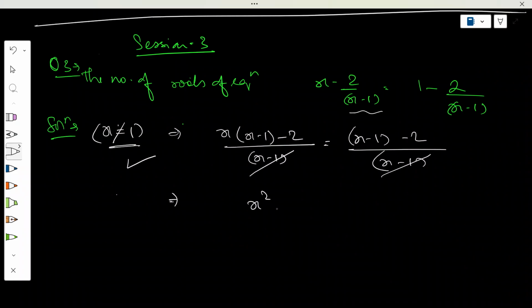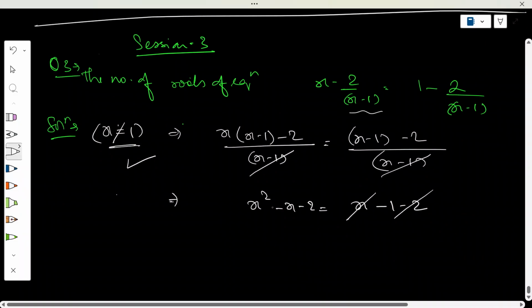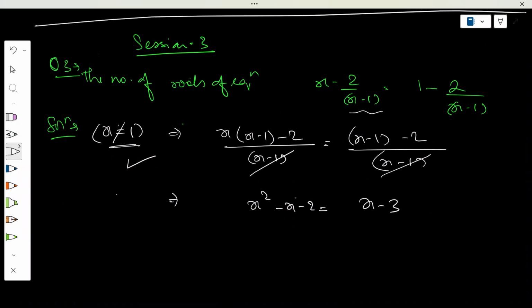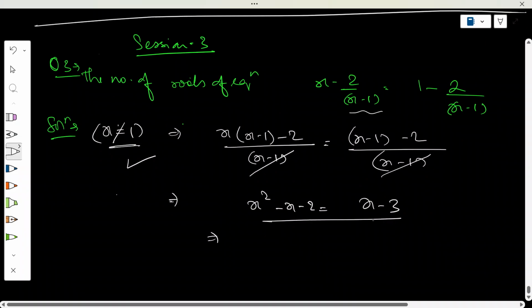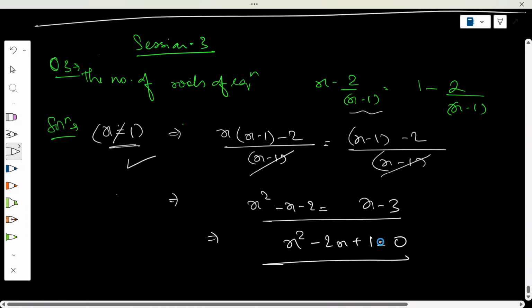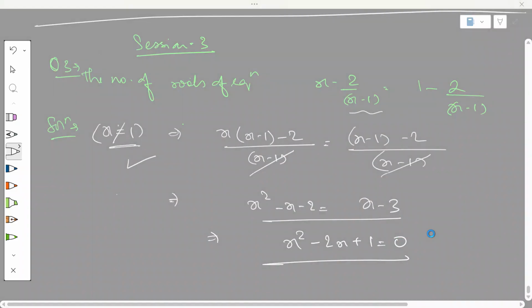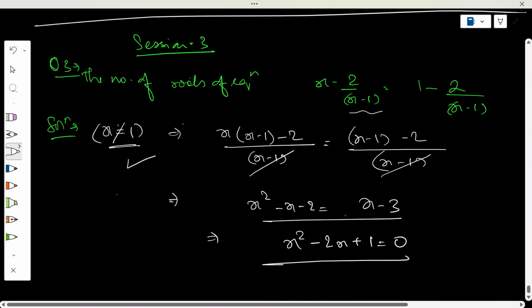So here we have x square minus x minus 2 is equal to x minus 1 minus 2. We have x minus 3 over here, so we can write this, and this basically means we have x minus 1 whole square equal to 0. So this implies that x will be equal to 1, but since x cannot be equal to 1, this equation has no solution.